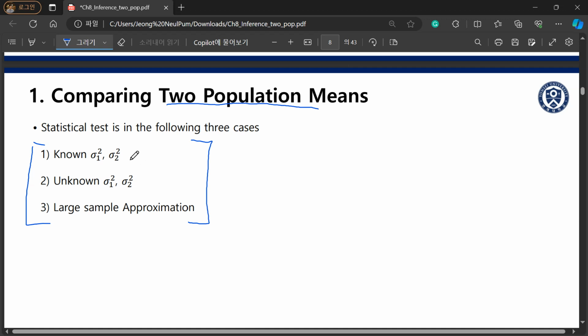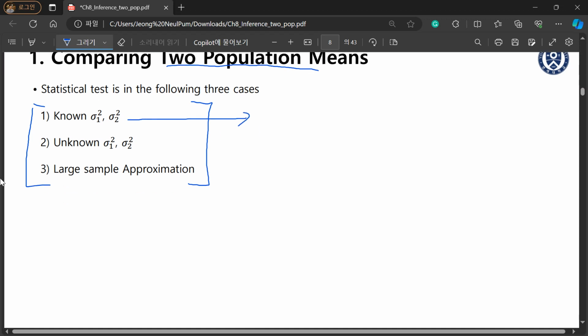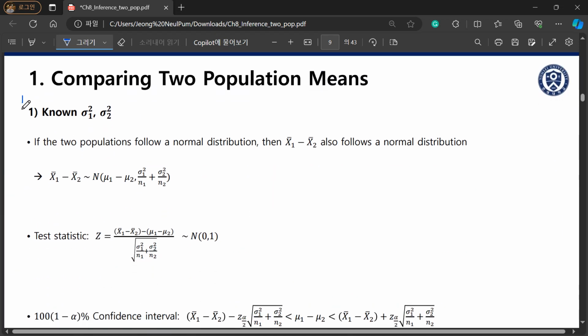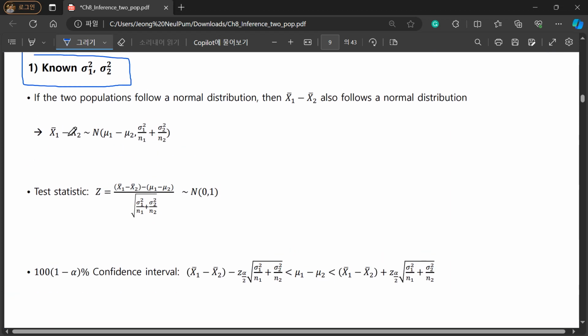As you already know, let me do it step by step. The first case is that we know all the sigma squared, the population variances of the two populations. Then it is easy, because the difference between two sample means follows the normal distribution with mean mu1 minus mu2 and variance as this value.